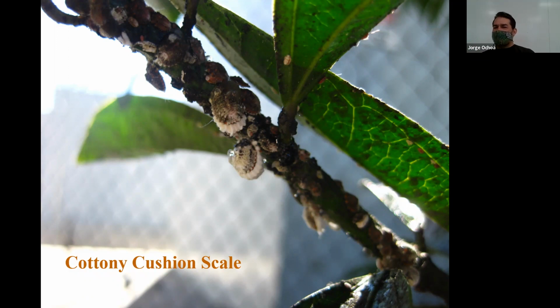Not so much by trying to nuke them, but figuring out, can we do some kind of mechanical control first? If the mechanical control is not working, can we then rely on or bring in some of the natural enemies of this insect if they're available? And if that is not working, can we now begin to use some of the lesser toxic chemicals, or the ones that are going to have more of a broad spectrum?